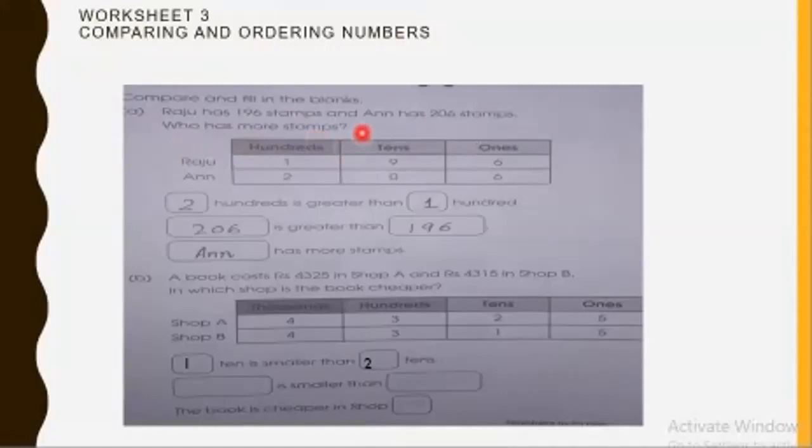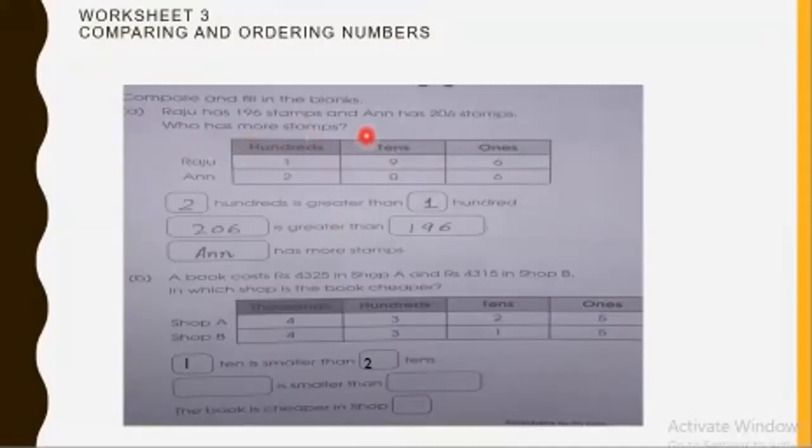So the comparison is to find out which child has more stamps. I'm sure my grade 3 students are very smart, and without even going through the process that I'm explaining below, you can tell me, ma'am, this child has more stamps.